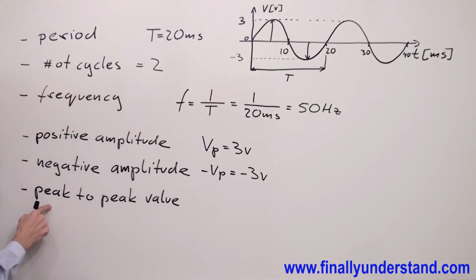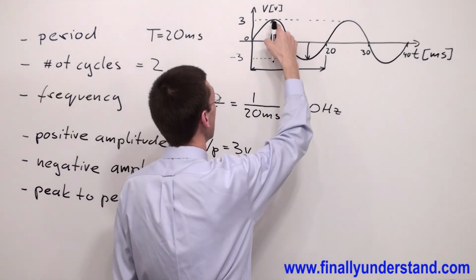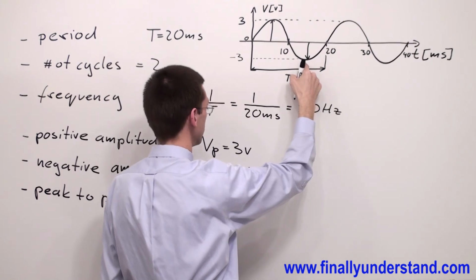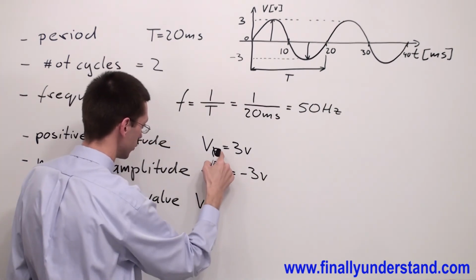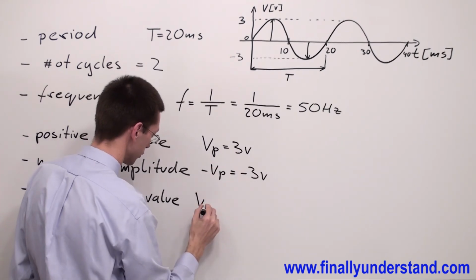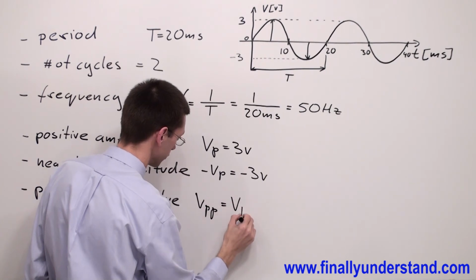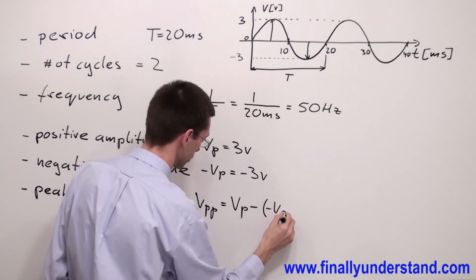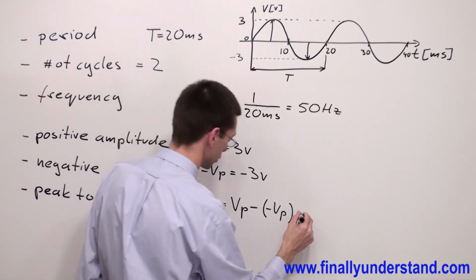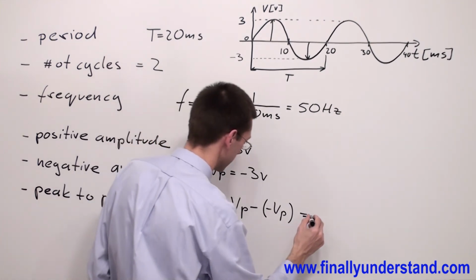Voltage peak to peak is the voltage from the top to the bottom. This is nothing else, just the difference between these two voltages. Voltage peak to peak is equal to positive voltage peak minus negative voltage peak, which is going to give me negative times negative gives me positive.